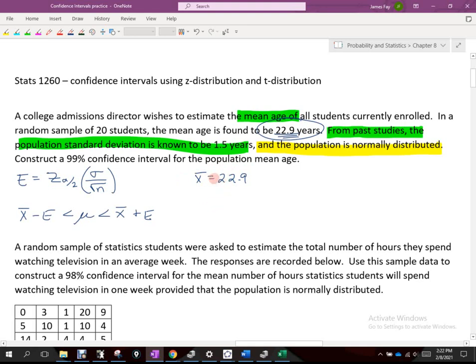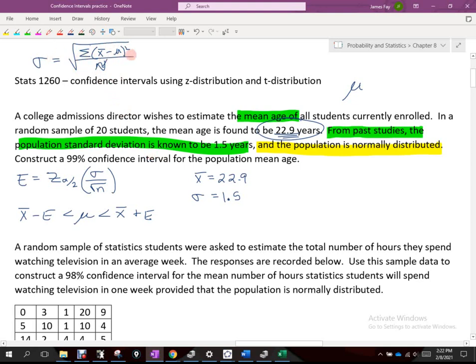So that's my point estimate. We know the population standard deviation, 1.5. Now, generally, we don't know that because, remember, we are trying to find an estimate for mu, right? Well, if you think about how you find the population standard deviation, it is this formula, with capital N. That's the formula for finding the population standard deviation.